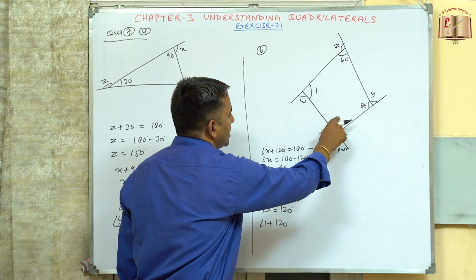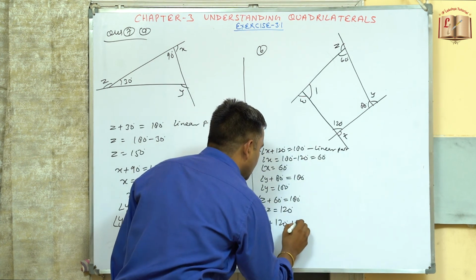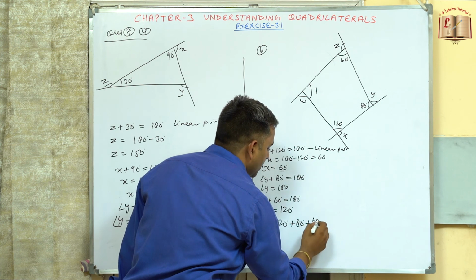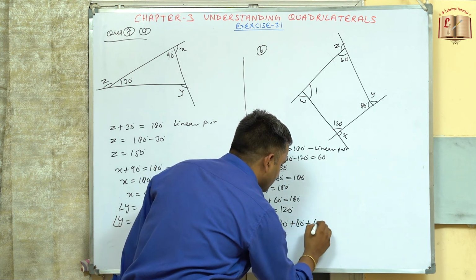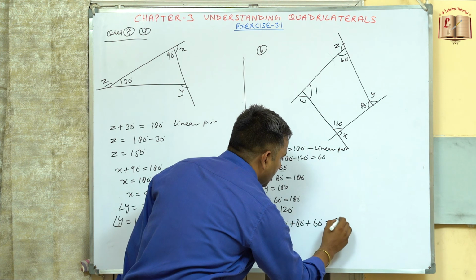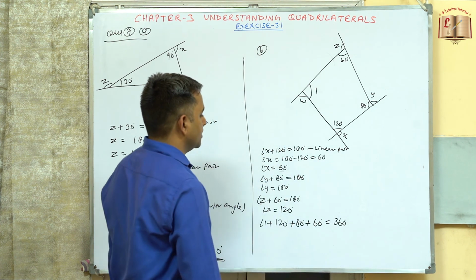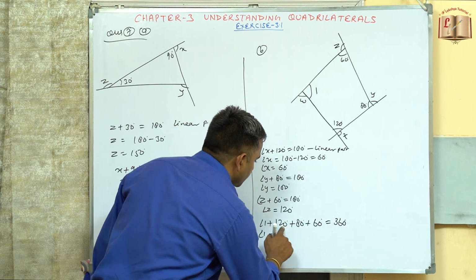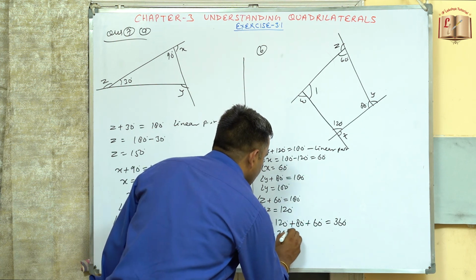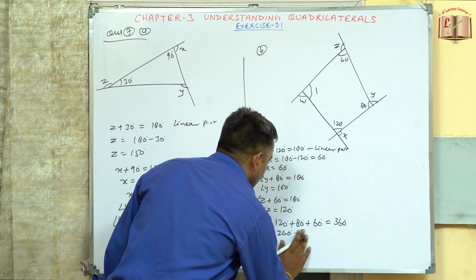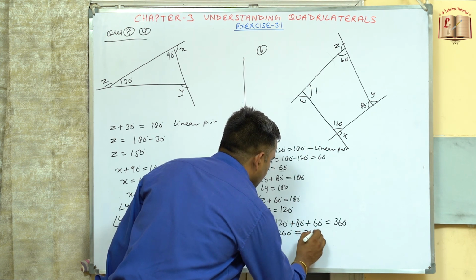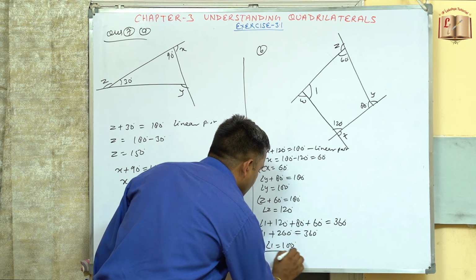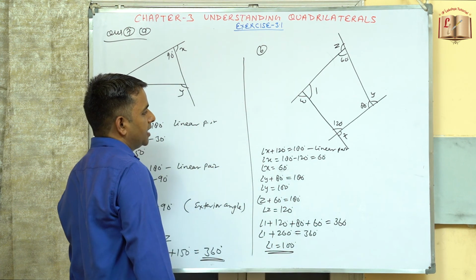So angle 1 plus 120 plus 80 plus 60 will be equal to 360 degrees. So we got angle 1 plus 260 equals 360. So we got angle 1 as 100 degrees.